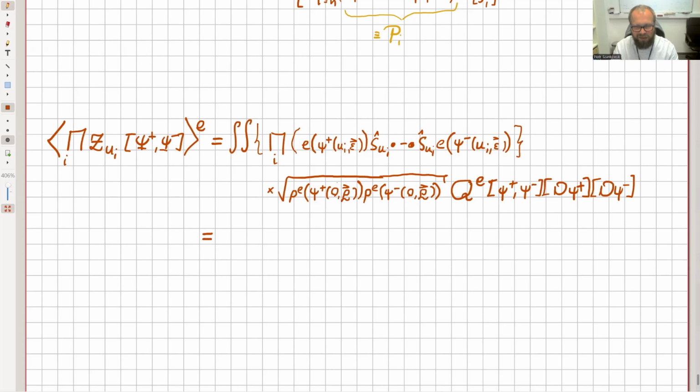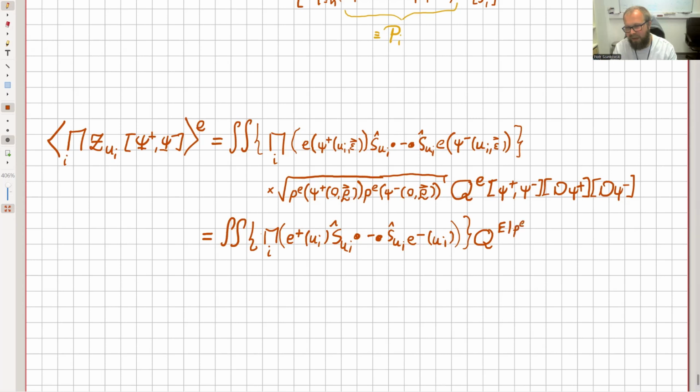In other words, I want to change the variables of the integration to obtain the following form: E plus at u_i, S_{u_i}, minus S_{u_i}, E minus u_i, close bracket, close bracket, rho_E, E plus, E minus, dE plus, dE minus.